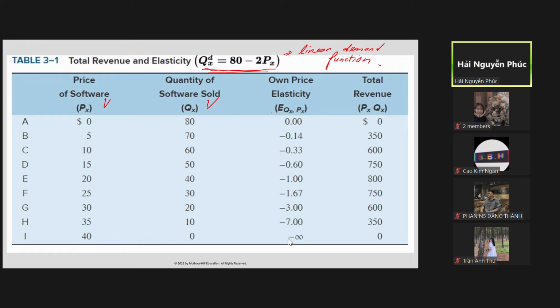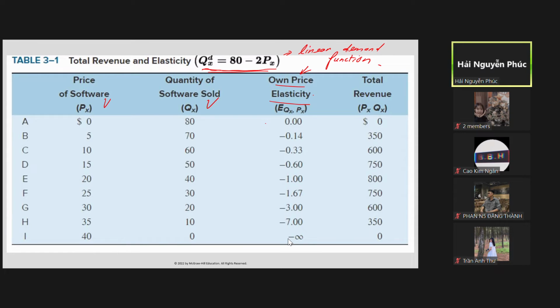Based on the information about the price and the quantity, we can compute the third column. It is the own price elasticity of demand. And pay attention to a very important fact: along the demand curve, at different price levels, we are going to have different price elasticity of demand.